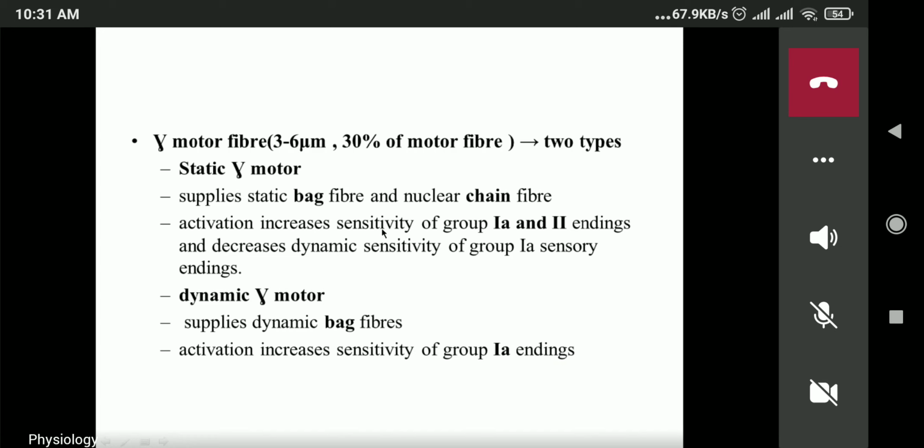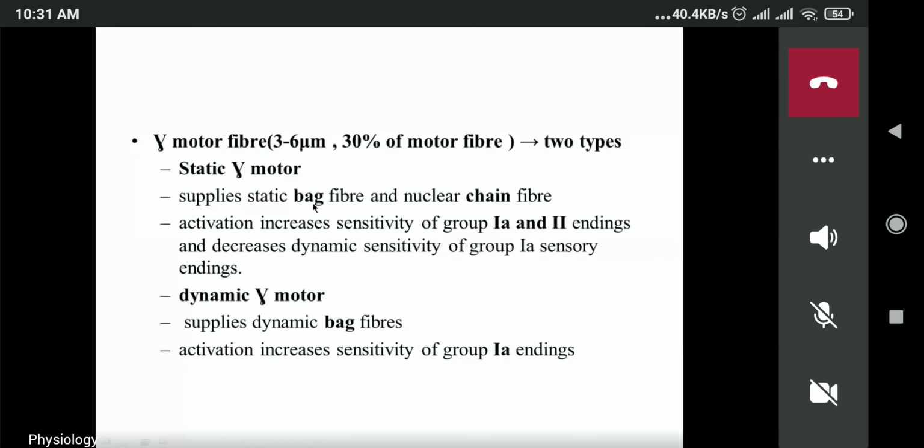Activation increases the sensitivity of Group 1A and Group 2 endings, and decreases the dynamic sensitivity of Group 1A sensory endings. Dynamic gamma motor supplies the dynamic bag fiber only. Activation increases the sensitivity of Group 1A ending. See, static gamma motor supplies bag and chain both, all types of bag.